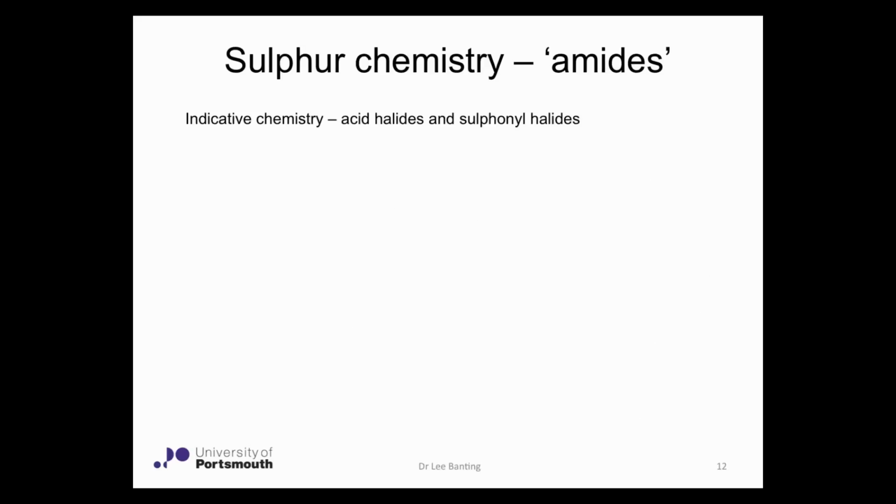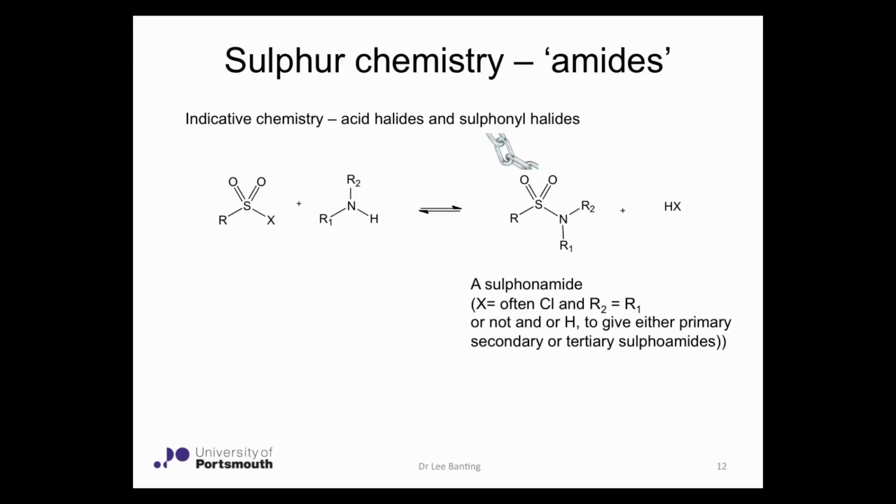Amide chemistry and thioamide chemistry have parallels. We already met the fact that we can have sulfonyl halides, and sulfonyl halides can react with amines to give sulfonamides, as we saw in the first slide when we talked about drugs. And this chemistry is relatively reminiscent of the carbon-based chemistry.